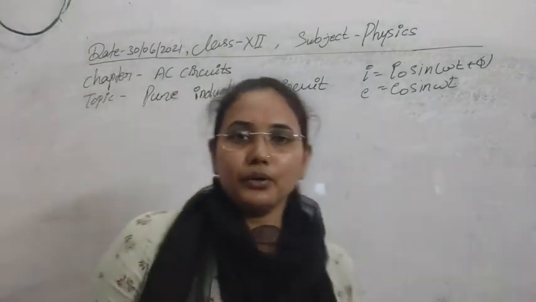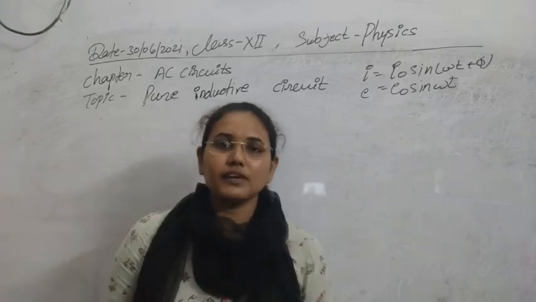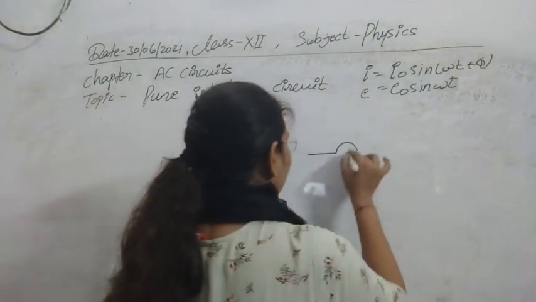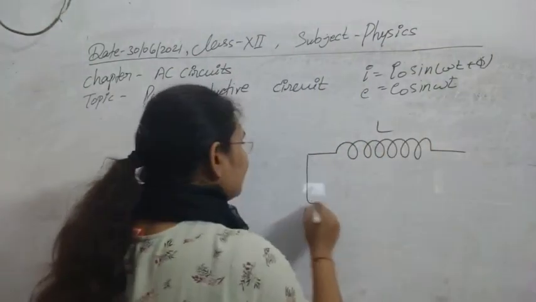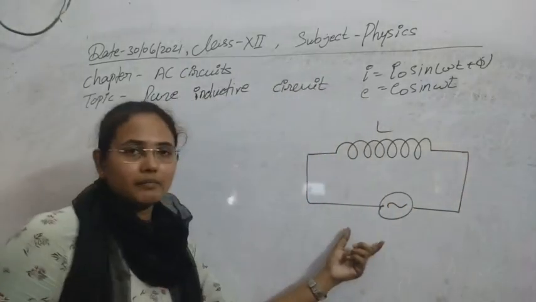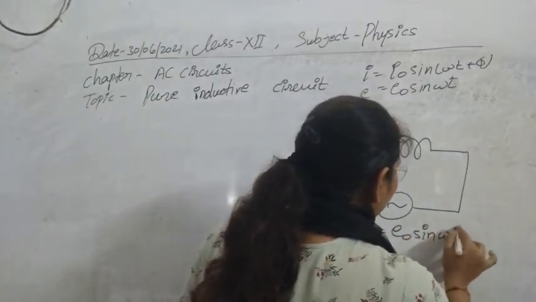In the case of a pure inductive circuit, we are going to use an inductor that has a fixed value of self-inductance, capital L. Suppose a coil that we have taken has some self-inductance L, and now this coil is connected with some source of alternating EMF, given by E is equal to E0 sine omega t.